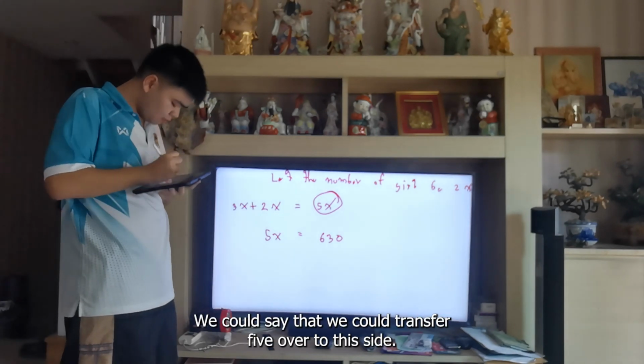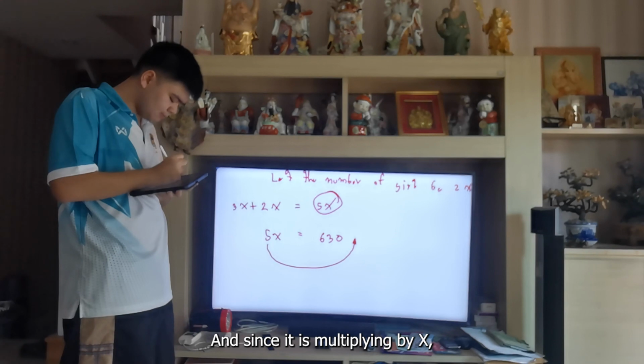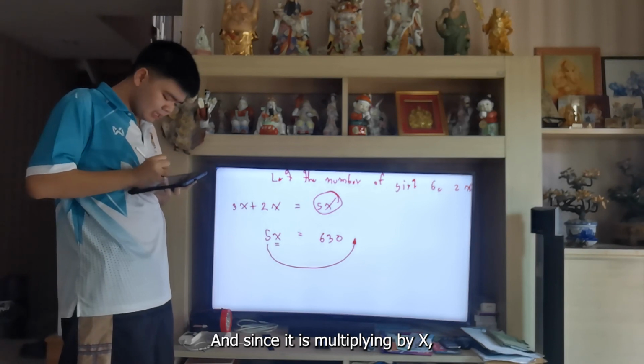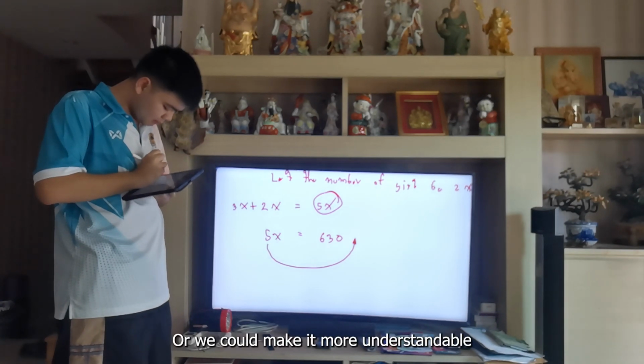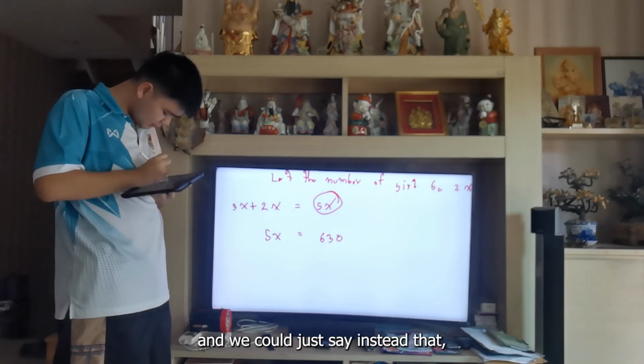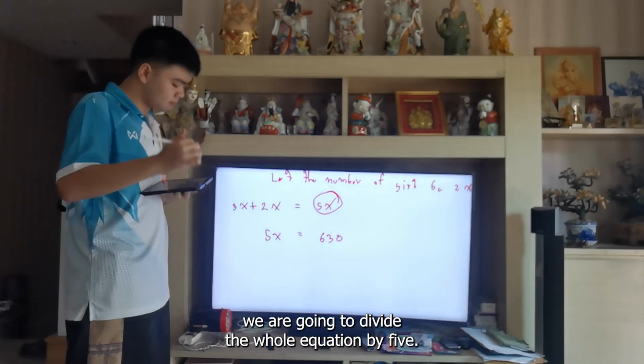We could say that we transfer 5 over to this side, and since it is multiplying by x, it means that it needs to be changed to divide. Or we could make it more understandable and just say that we are going to divide the whole equation by 5.